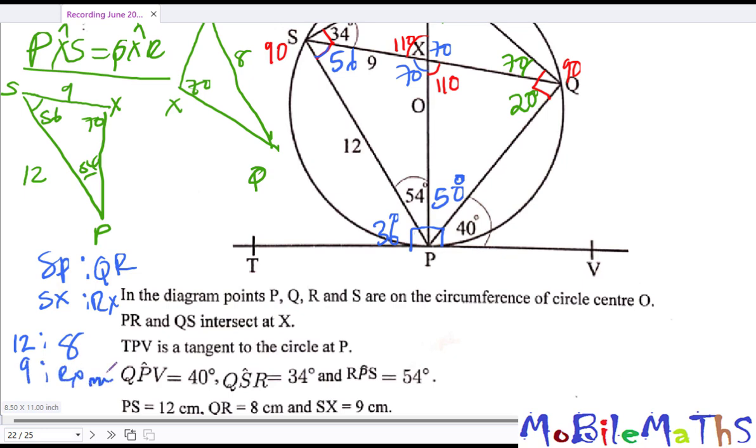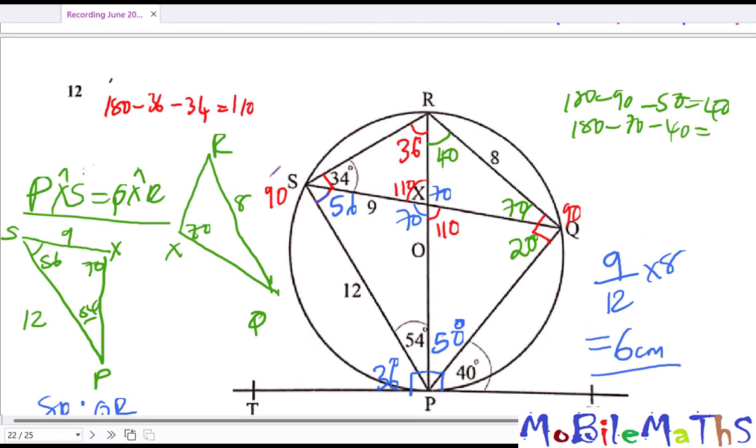RX is going to be less, because this side is less. So I can say 9 over 12 times 8. Then we get the value of our RX. This is going to give me 6 centimeters. So that other side is 6 centimeters here.